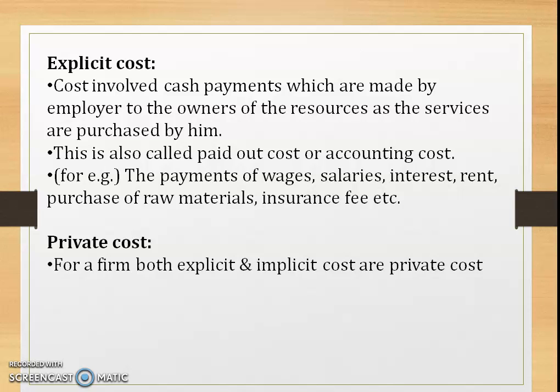The other names of explicit cost are payout cost or accounting cost. Examples are payments of wages, salaries, interest, rent, purchase of raw materials, insurance fee, etc. Everything is recorded in the company's account book. So this is a direct cost.